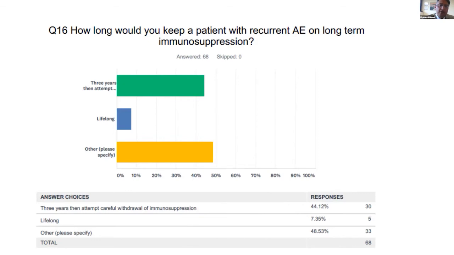About 44% of clinicians chose immunosuppression for 3 years, then careful withdrawal. And many indicated that this is an individualized decision depending on what the antibody is, what the comorbidities are, what the likelihood of cancer is, and so forth.